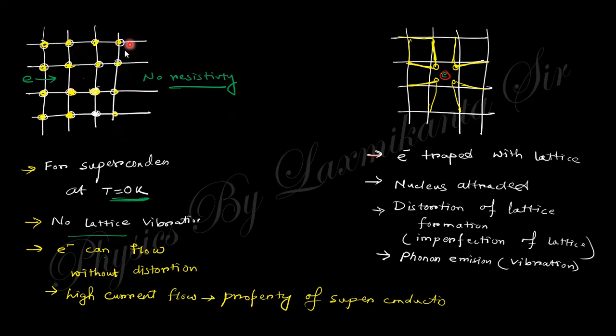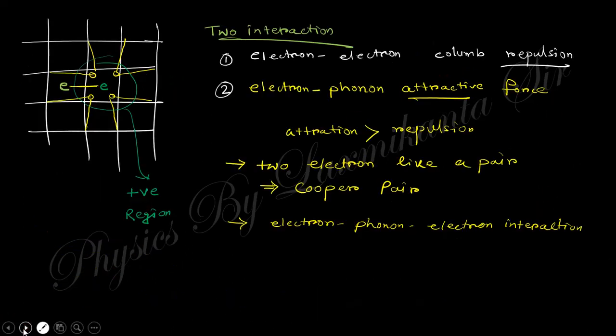There is no thermal vibration, but due to the presence of the electron, the ions are attracted, and this makes distortion and imperfection of the lattice. This makes phonon emission, not photon. Phonon means lattice vibration. Phonon emitted. Then what happens? There is a cloud of positive region.